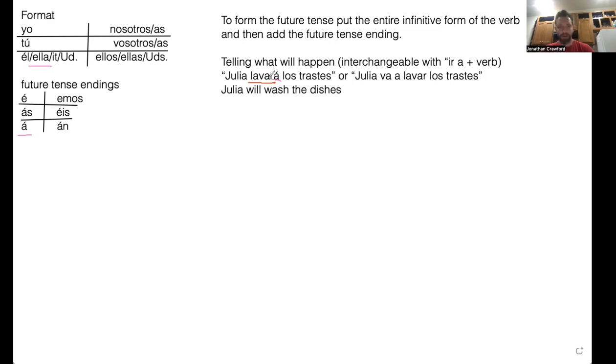So I put lavar, which is the complete unconjugated form of the verb, lavar, followed by a, this future tense ending. Okay?